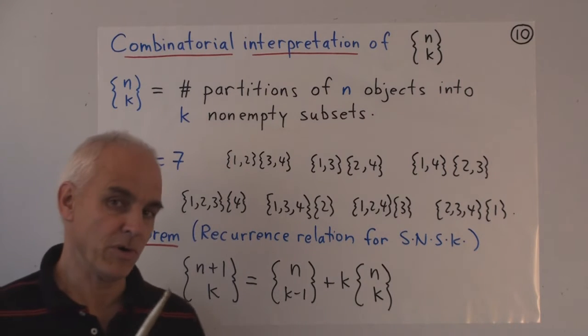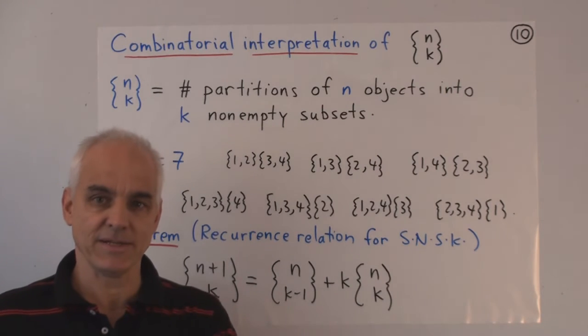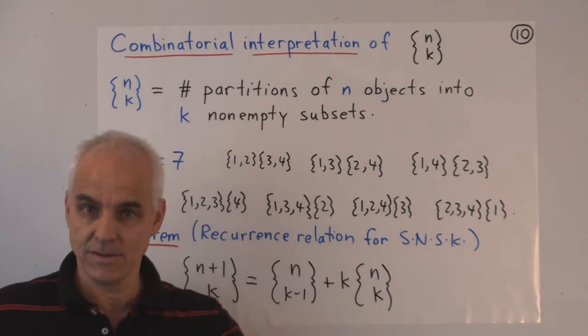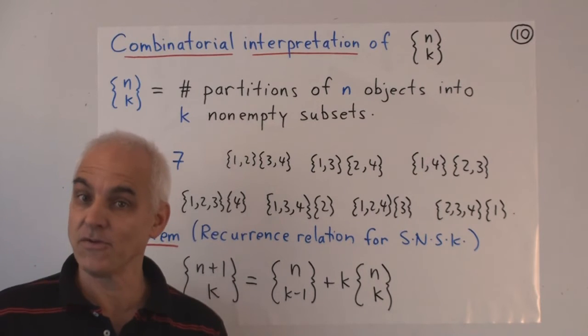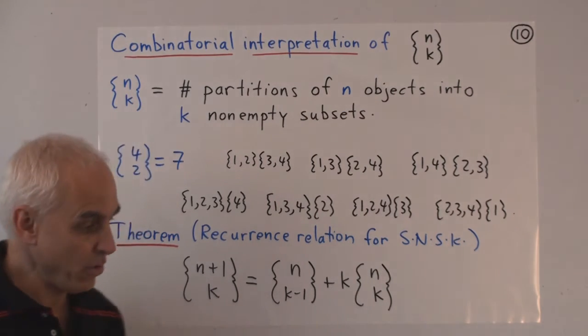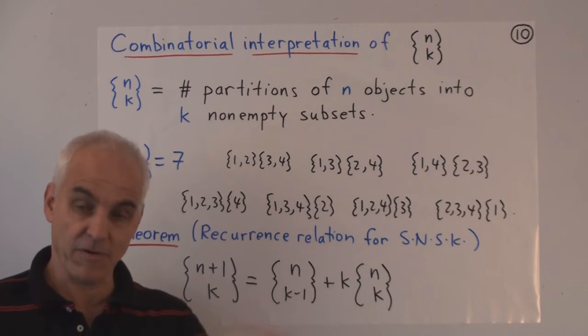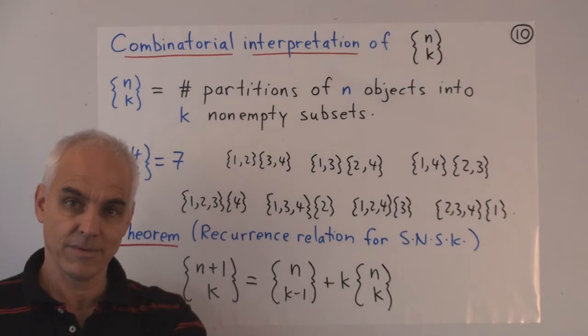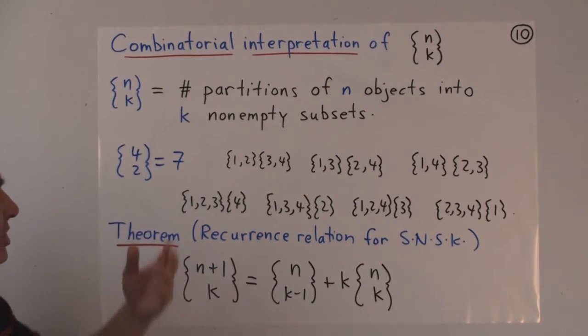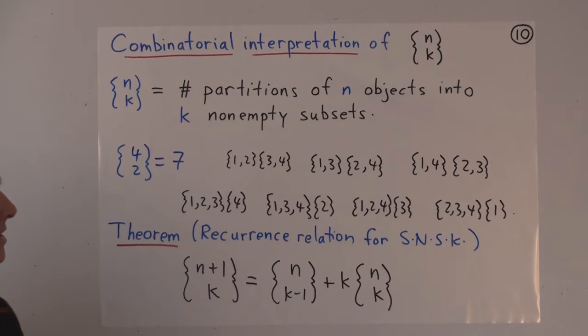And what we're trying to do is we're partitioning that set. In other words, breaking it up into sub-pieces, disjoint subsets that fit together to form the whole thing. That's what a partition is. And we're interested in counting the number of elements in this partition. How many different blocks are there? So we're interested in how many partitions of n have exactly k pieces or k non-empty subsets.